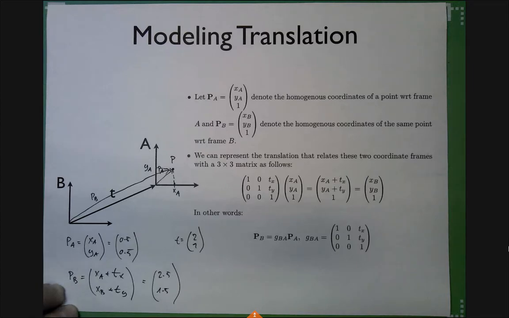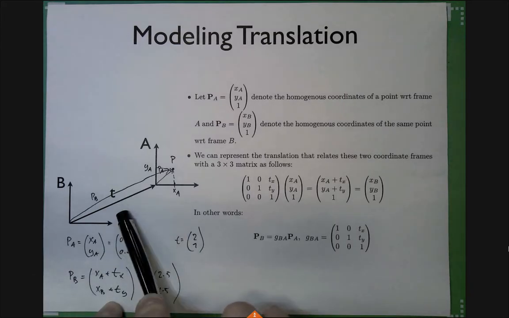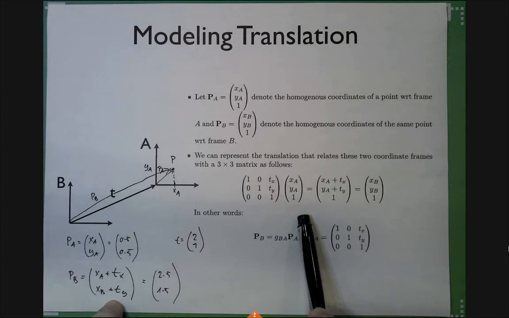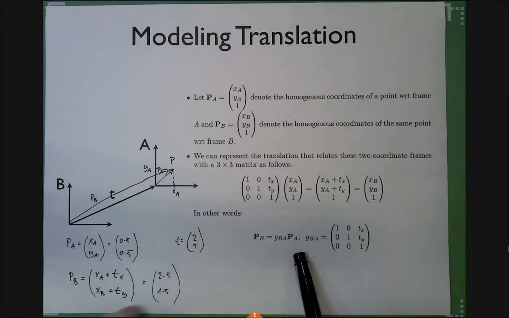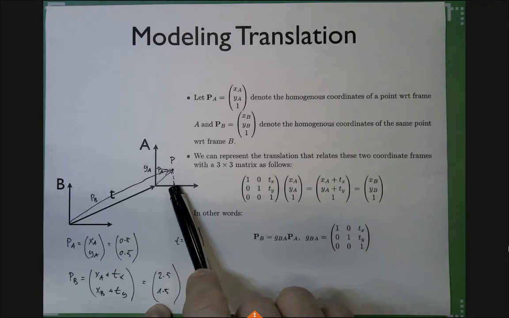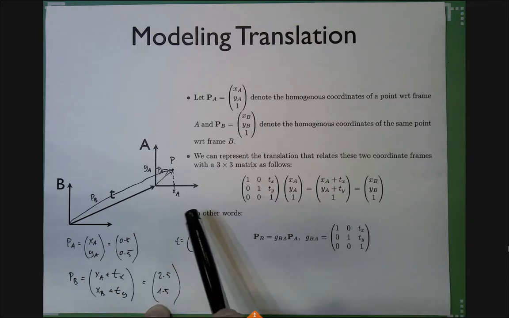I'm just giving you some actual numbers to give a more concrete idea. So all I need to do to change the coordinates is add the vector T. That's exactly what this matrix is doing, and copying the last homogeneous one. So indeed, I have a matrix representation of the translation, and the translation is exactly what I need to transform the coordinates, all right?